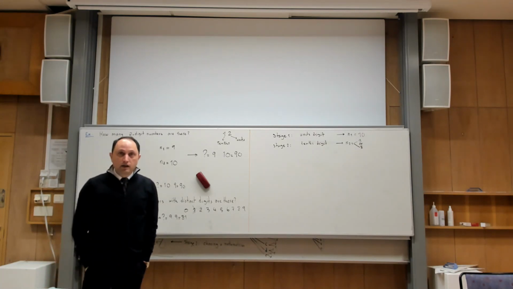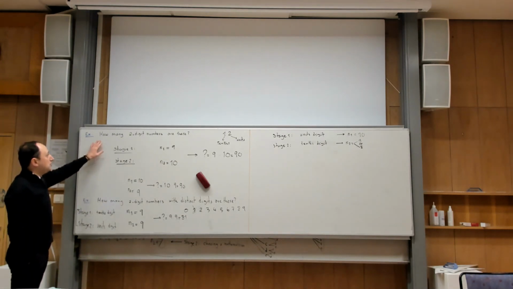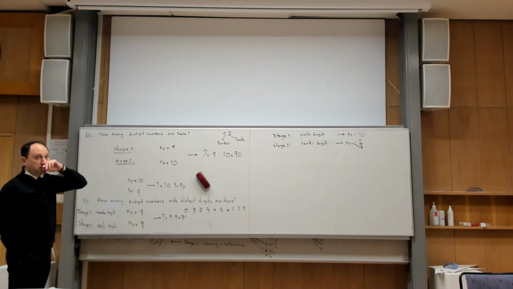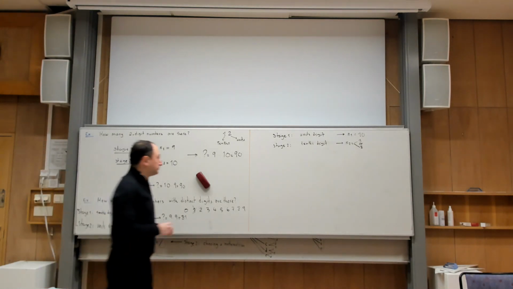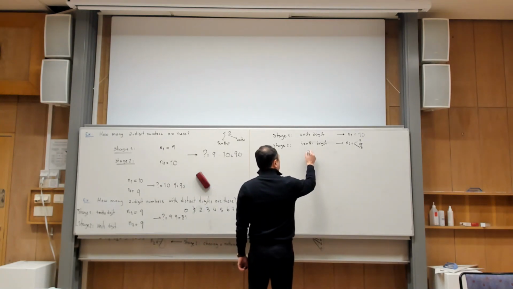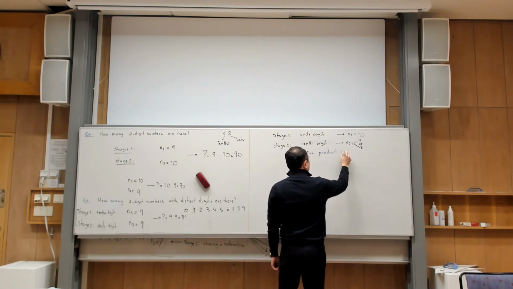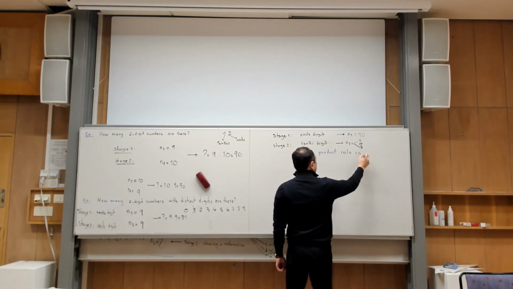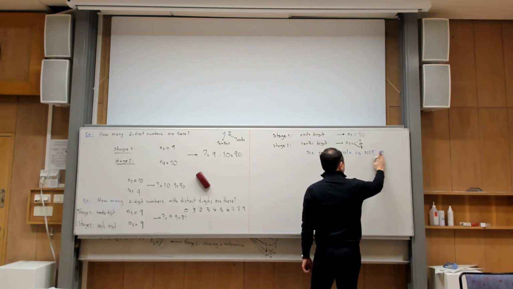Okay. Now let me ask you another question. How many odd two-digit numbers are there? Okay, so let me write here. The product rule is not directly applicable.